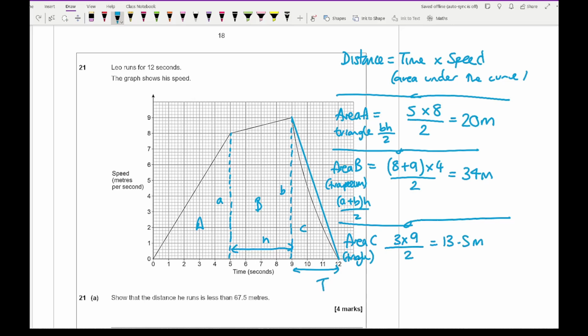Now the total distance is going to be 20 plus 34 plus 13.5, which is 67.5, which is what they wanted me to show.